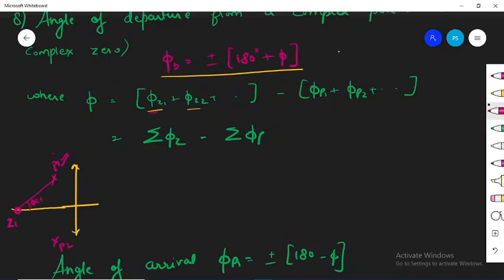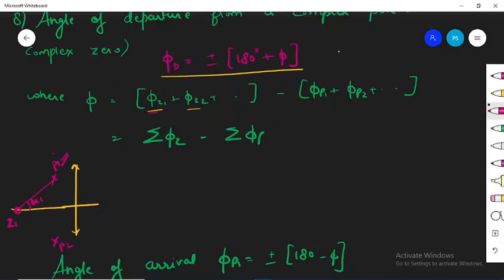Similarly, if I had another zero z2, then the angle which this z2 makes with this complex pole p1 will be known as phi z2. Similarly, if there was a phi z3, it would be the angle it makes with this pole. So this is what we mean by phi z1, phi z2, phi z3 and so on.